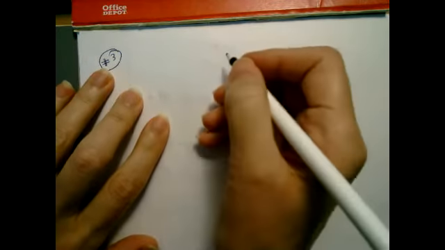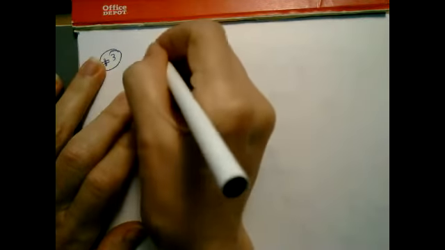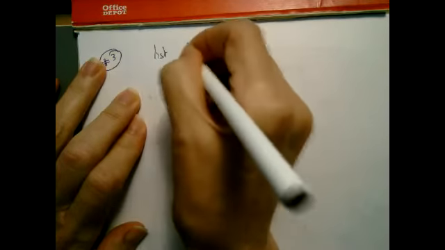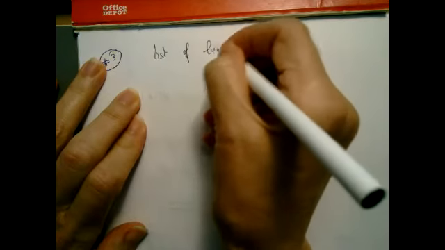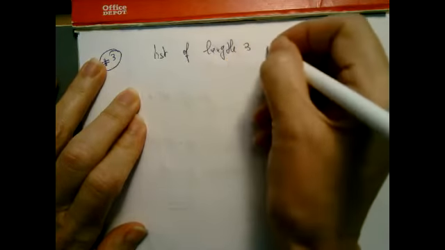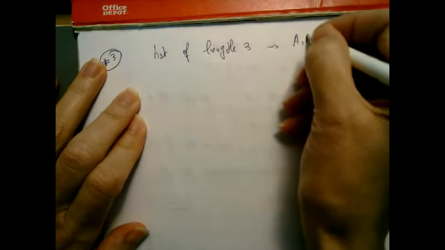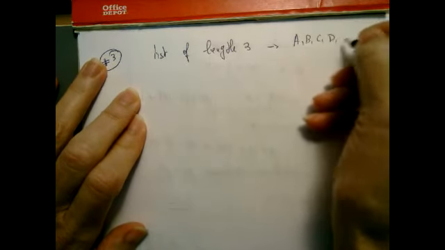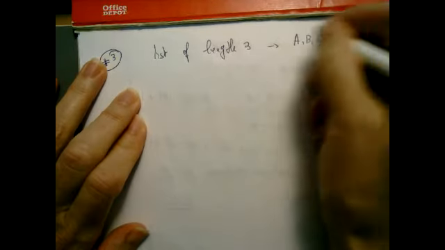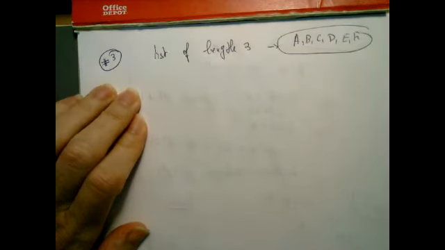Number 3. How many lists of length 3 made out of the letters A up to F? Okay. Those are the letters.